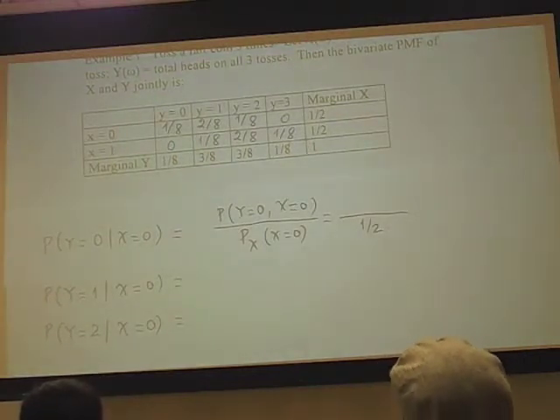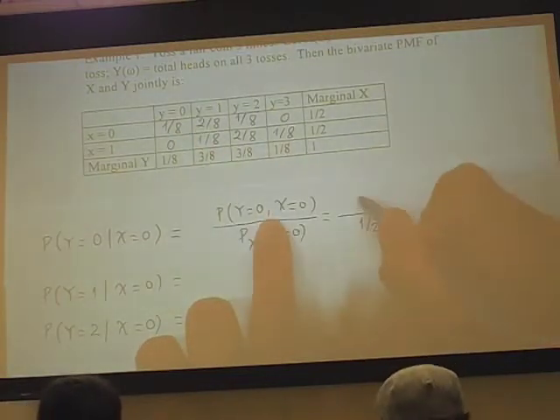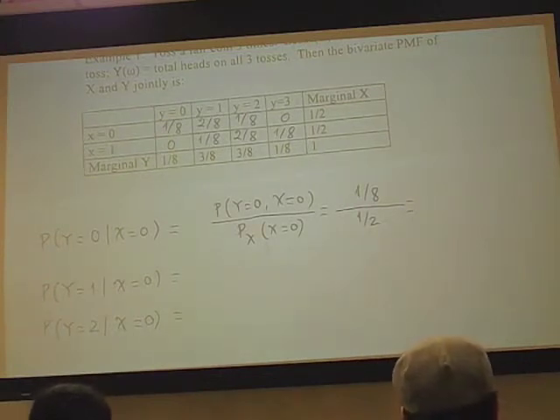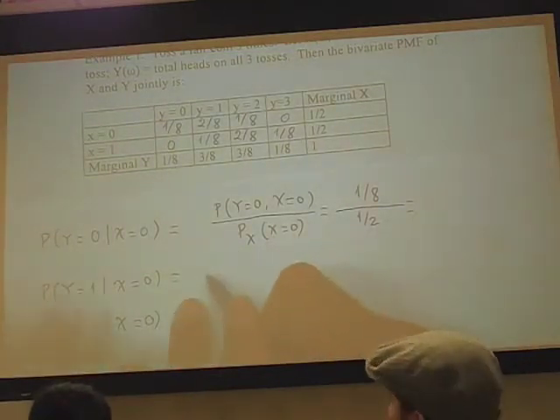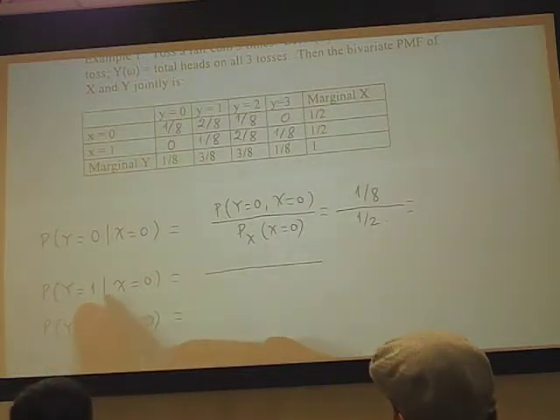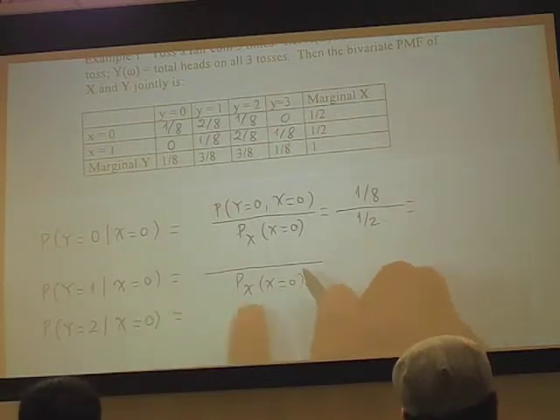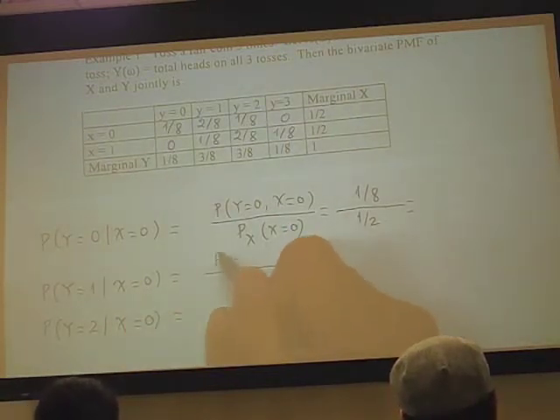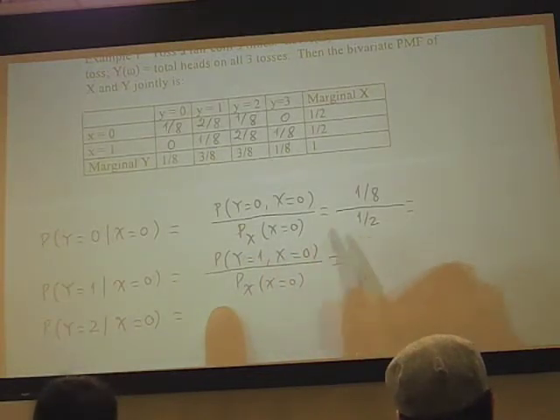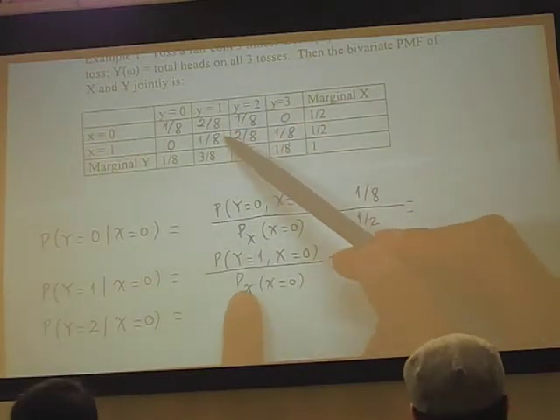Is that clear? And now what is the probability of y equal to 0, x equal to 0? Whatever it is, you simplify it. I think it's a quarter, right? And now what is the probability of y equal to 1, x equal to 0? You see that the bottom is going to be exactly the same, right? And now this one is the probability of y equal to 1 and x equal to 0.